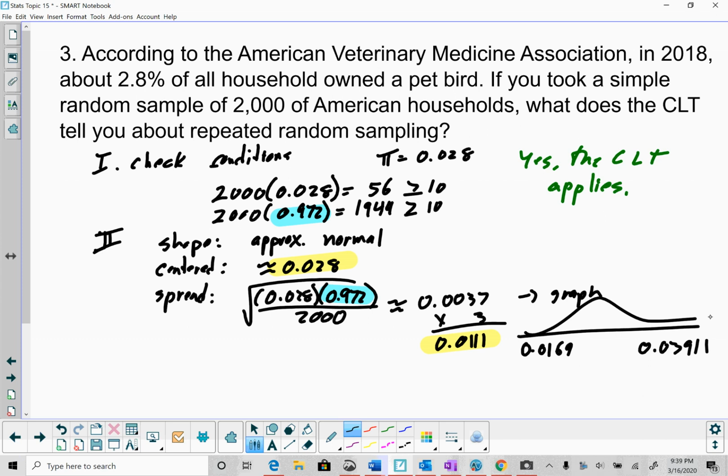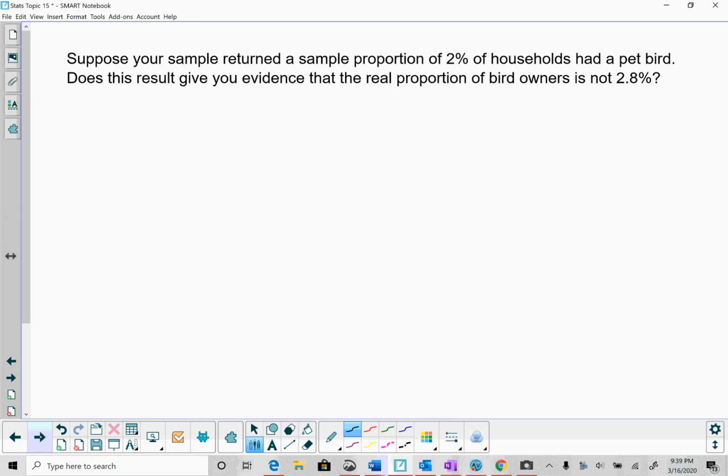It should be centered at approximately 0.028. And we can finish the graph there by calculating standard deviation, figure out upper and lower points on our normal curve.